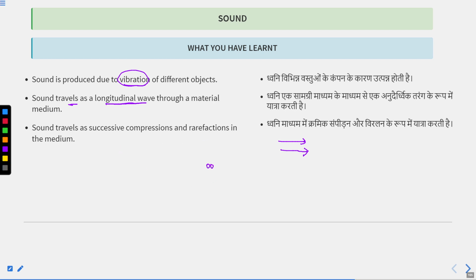There is a series of compression and rarefaction regions in the medium, and through these the sound propagates. And sound requires a medium to travel.